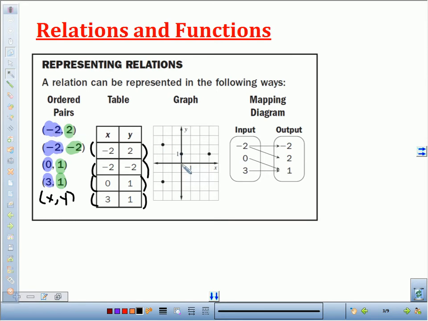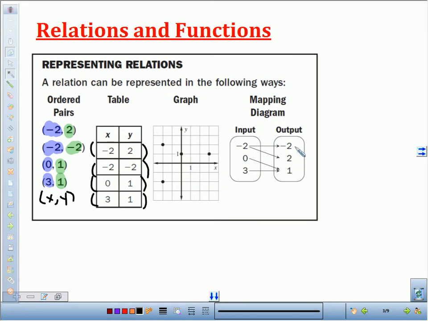And if we go to our graph, we see -2 on the x-axis and +2 on the y-axis is right here. -2, -2, again -2 on the x, this time -2 on the y. 0 and 1, since the x value is 0, it doesn't move, and the y value moves up to 1. And the last one, x is 3, so 1, 2, 3, and the y value is 1. So that's that point. This is a visual representation of the relationship.